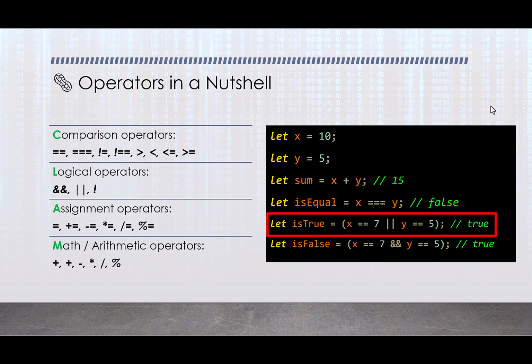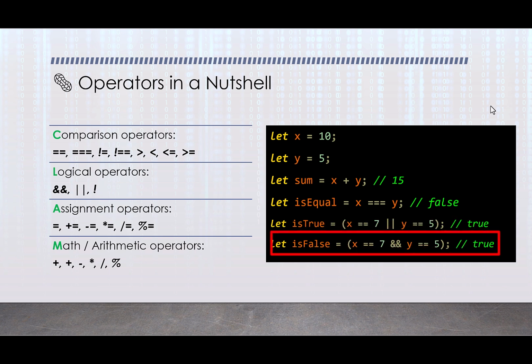So we're saying is x equal to 7 or is y equal to 5? Well, y is equal to 5. That being the case, that whole thing in parentheses evaluates to true because it is the case that x is 7 or y is 5. That is true. So let is true have the value true, which is whatever those parentheses evaluated to.